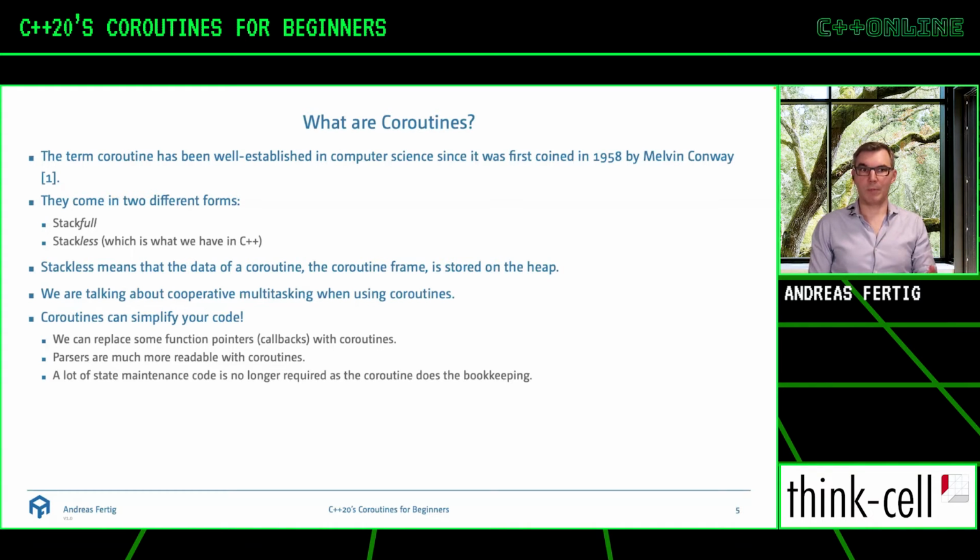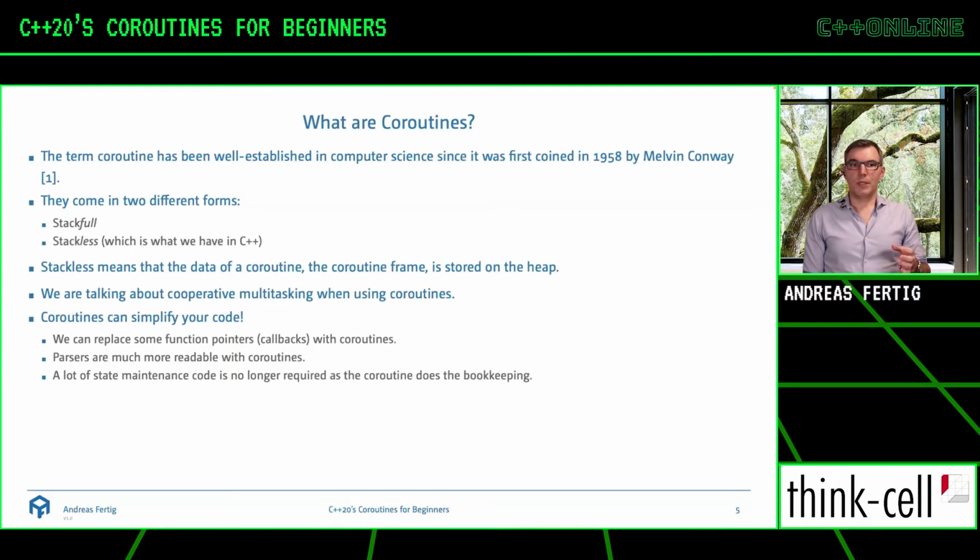So dynamic memory is used for storing the coroutine frame in C++. And yes, that also means whenever you're creating a new coroutine, there is a global new to the global heap at this point.